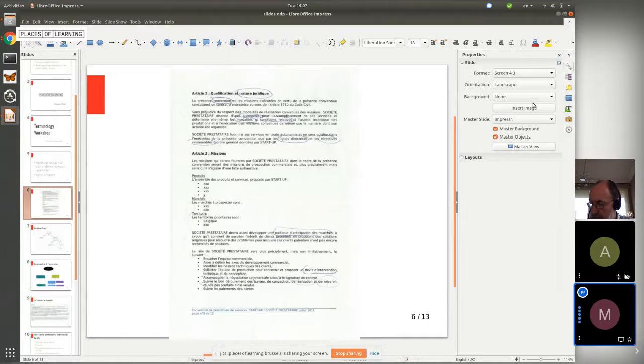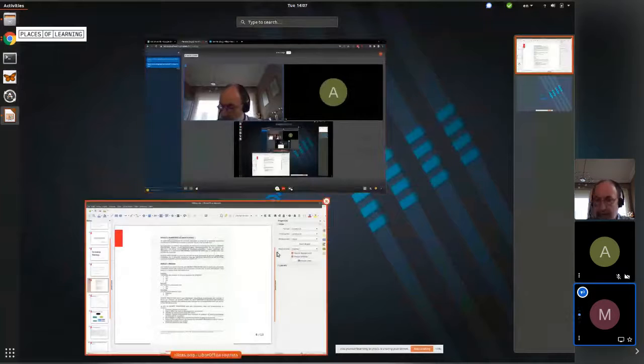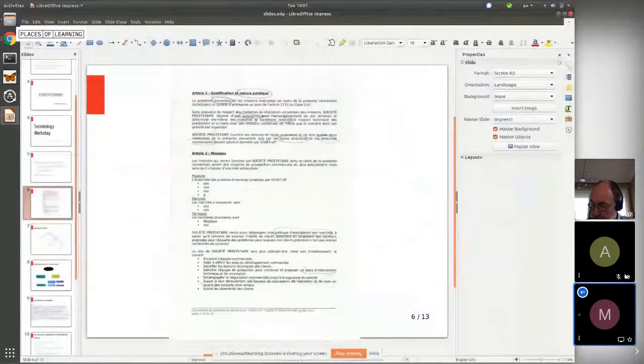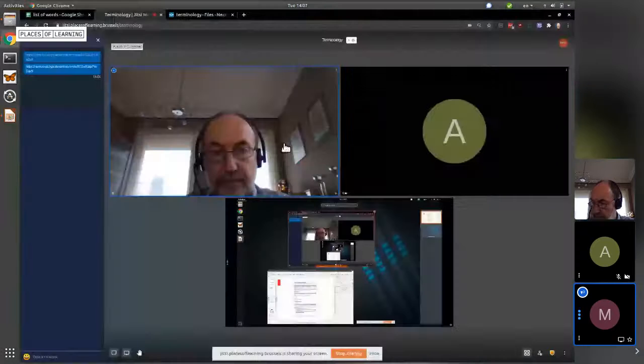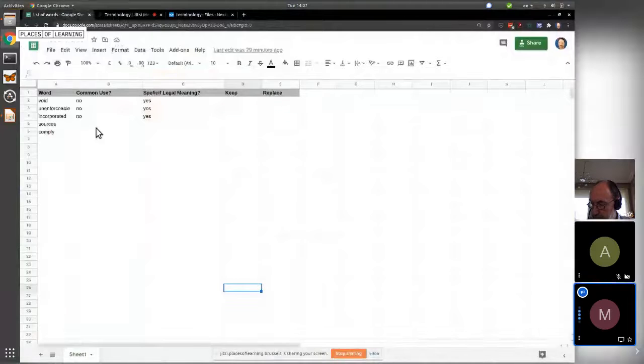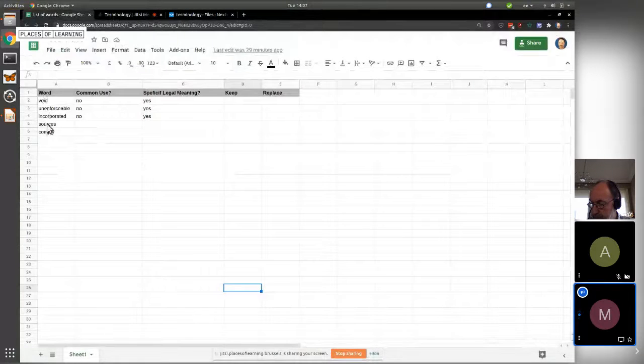Then, once we circle these words, we place them in a table. I have an Excel table here, and so when we circle the words, we place every single word.